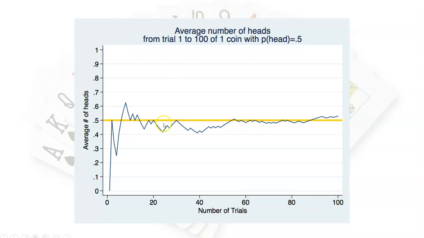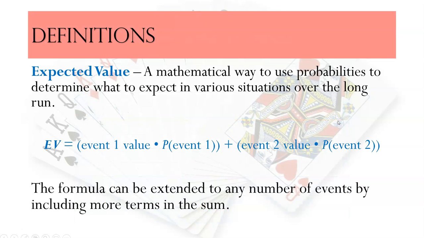You can see towards the beginning of the graph, it doesn't necessarily come up 50-50, but as the coin is flipped over and over again, it tends to go down into this middle area, which is 0.5. You would think that it would happen about 50% of the time, and that's what actually does happen.